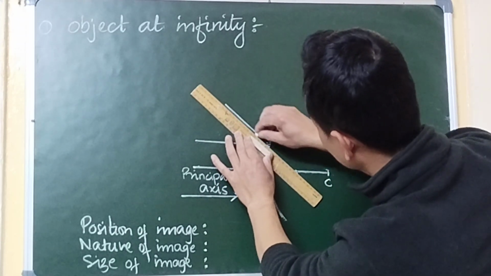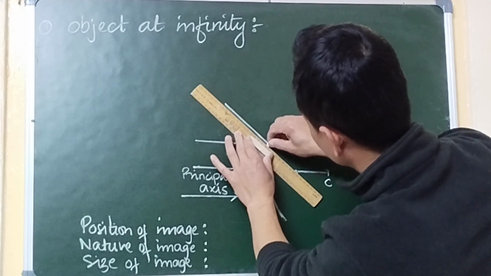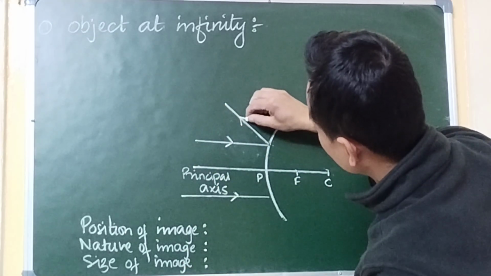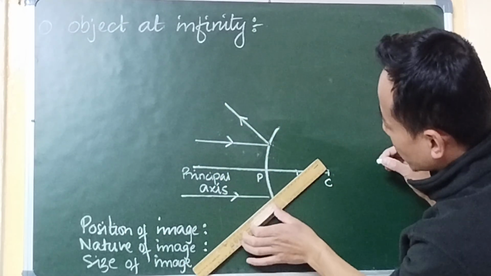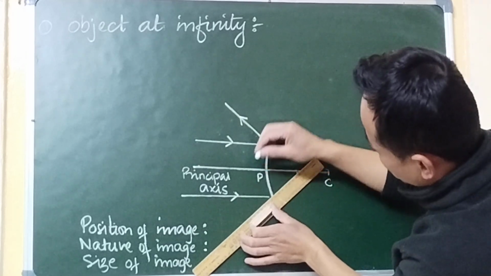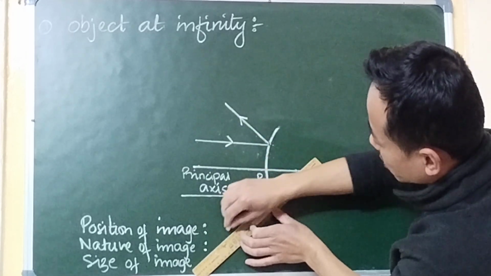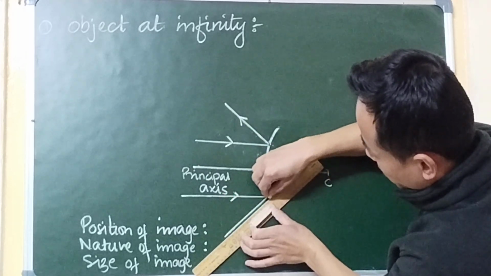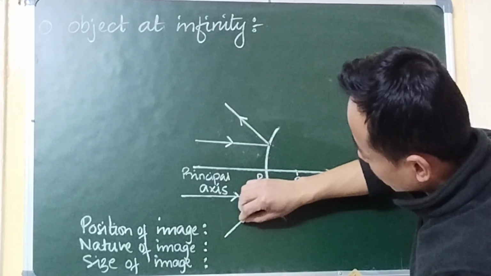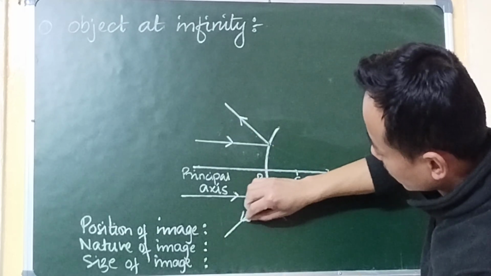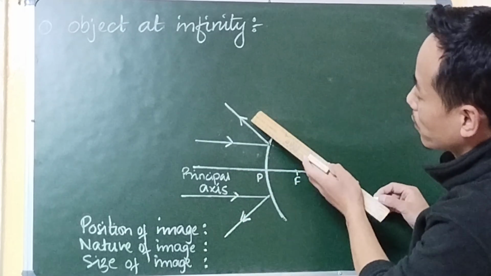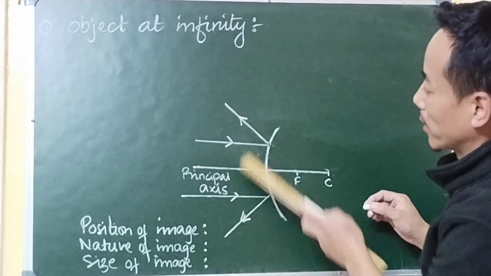So it will get reflected in this direction. And the second incident ray, after reflection, it will go in this direction. You can start the line from the focus, because when you bring it backwards, it will intersect the focus. So these are the two reflected rays. This is the first reflected ray and this is the second reflected ray.